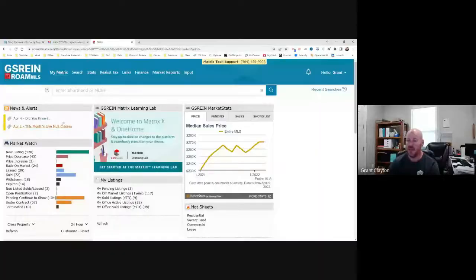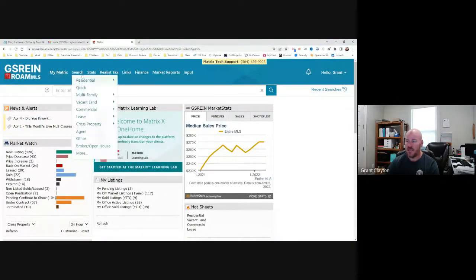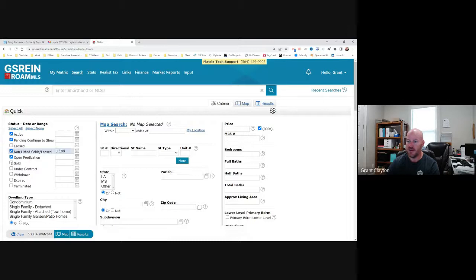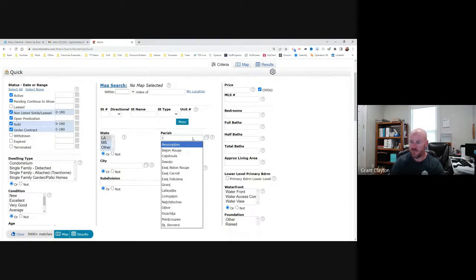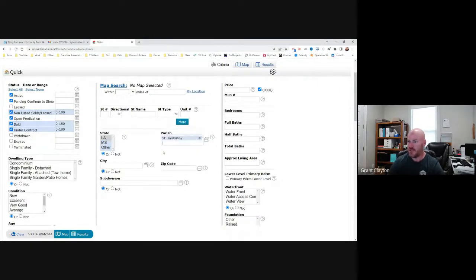So first things first, looking over here on the right, we have the MLS. I'm going to do a very quick CMA in a neighborhood that a lot of people will probably be familiar with if you're local to my office. That neighborhood is called Beauchene. I typically start by entering the county and the city.